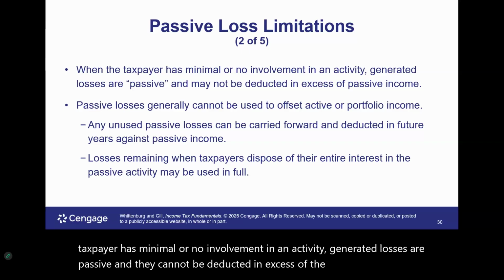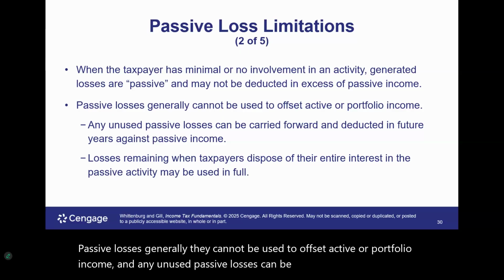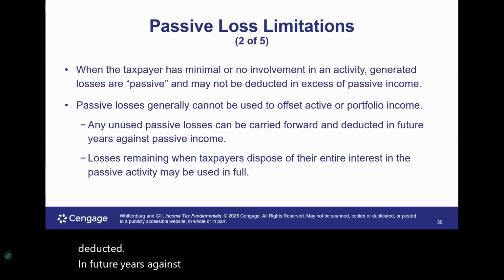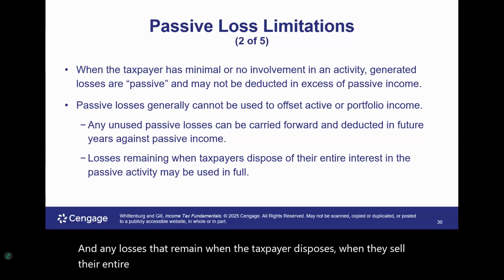Passive losses, generally, cannot be used to offset active or portfolio income, and any unused passive losses can be carried forward and deducted in future years against passive income. And any losses that remain when the taxpayer disposes, when they sell their entire interest in the passive activity, in such case can be used in full.